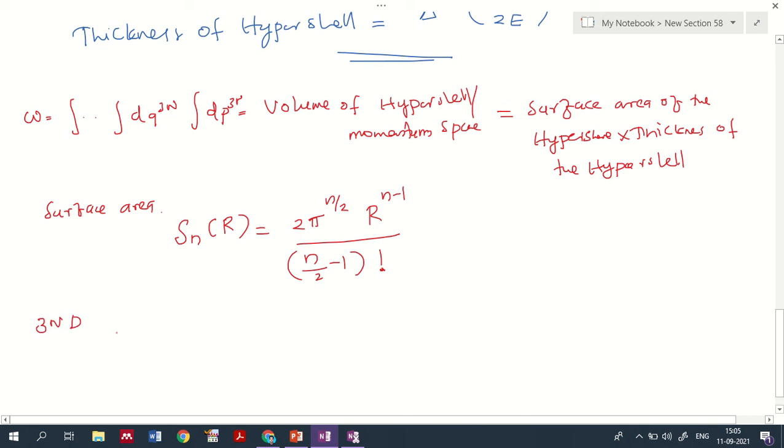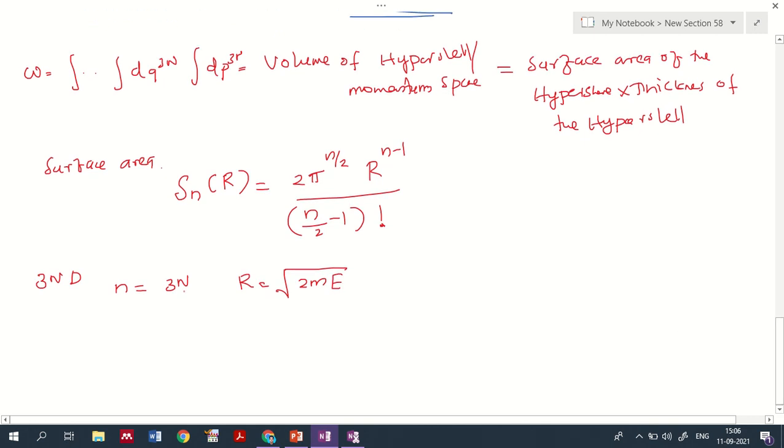That means n is equal to 3N here, and r is the radial vector or arc radius, which I am taking as root 2me. Now I can represent the surface area S3N of r as 2 pi 3N by 2, r raised to 3N minus 1, divided by 3N by 2 minus 1 factorial.